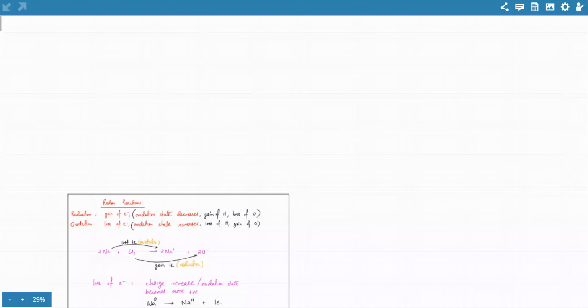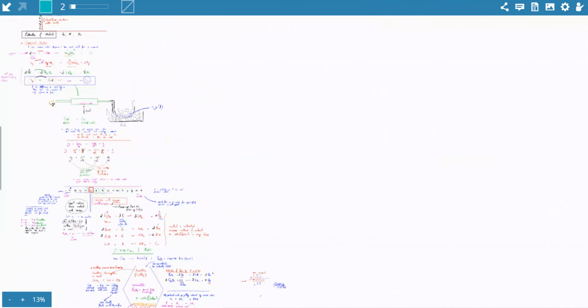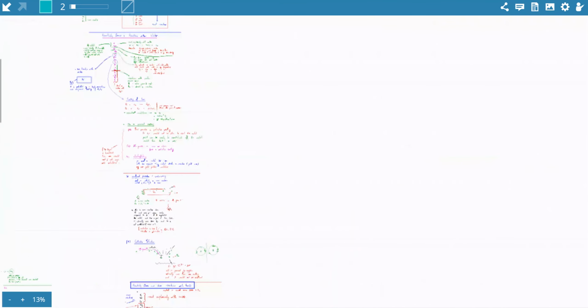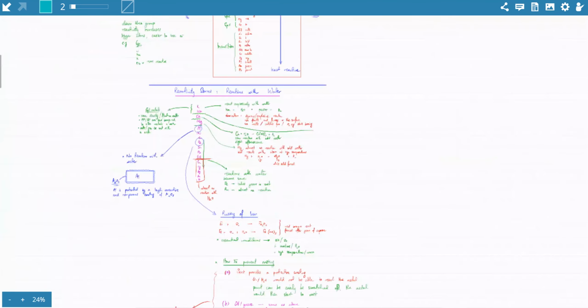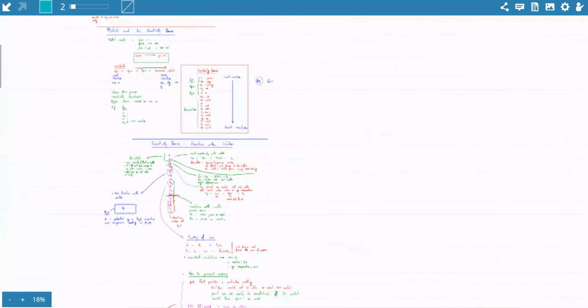Go back and have a look before extraction of metals, before the reactivity series even. What did we study? We studied alloys. We studied the general structure of metals. This one, over here.